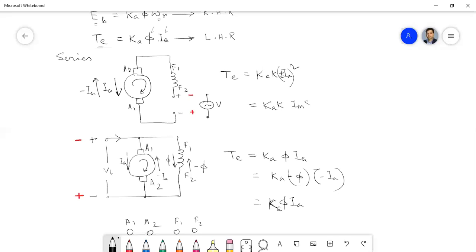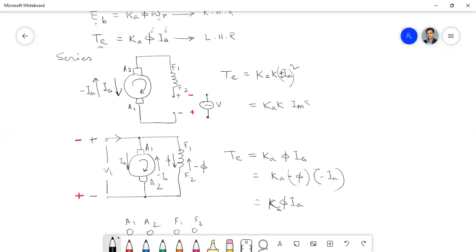Because you see, already we have seen there is no effect of supply polarity reversal. So alternating voltage means basically a supply polarity reversal, isn't it? So at some point this is positive, this is negative, this is positive, this is negative.